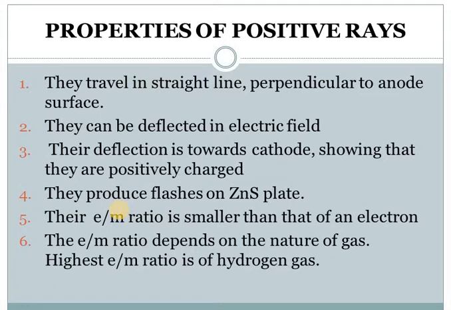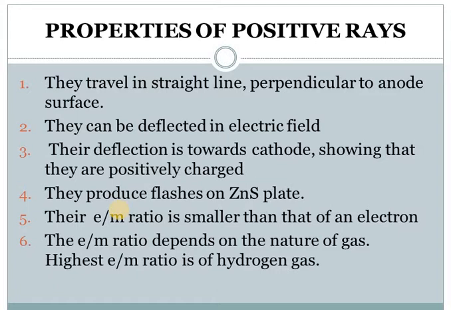Suppose they have written that E by M ratio of positive rays are dash than that of the electrons. They can give you the options as smaller, larger, equal, or none of the above. So you have to remember that their E by M ratio is smaller than that of electron.